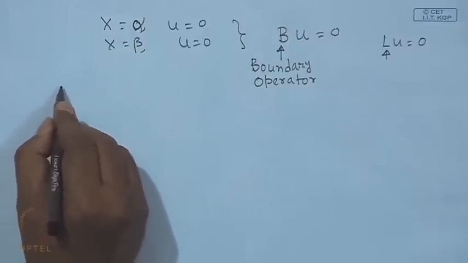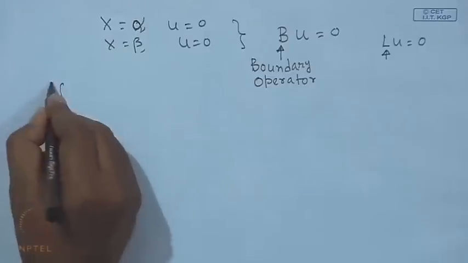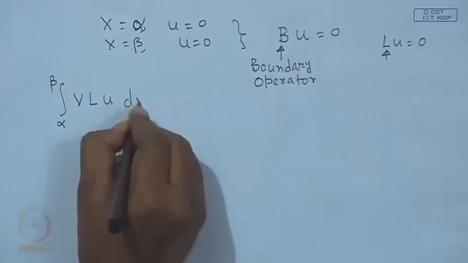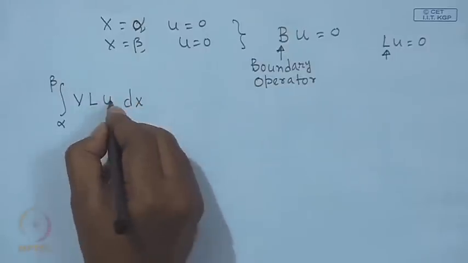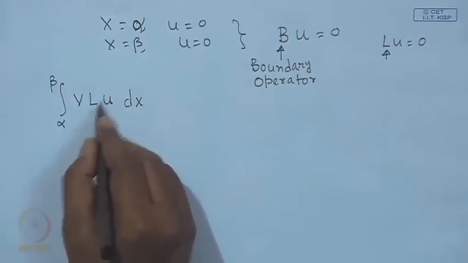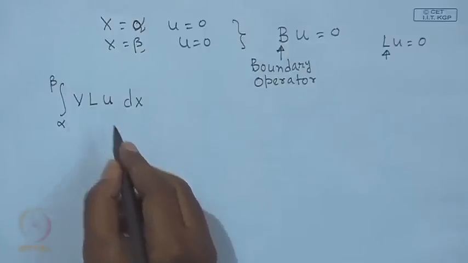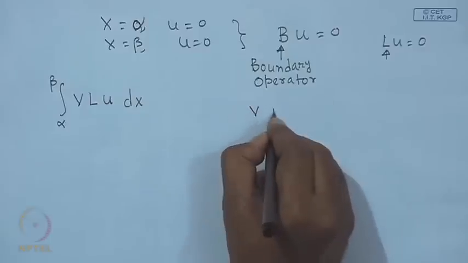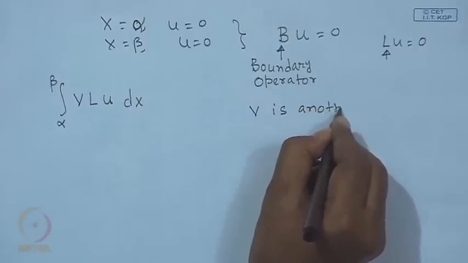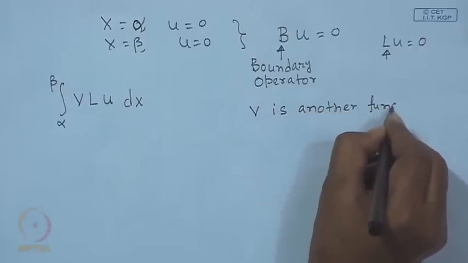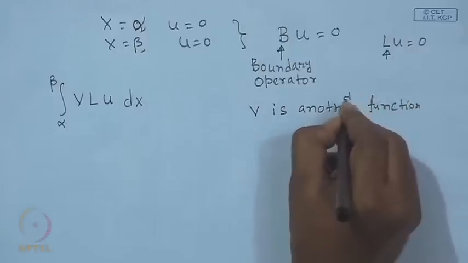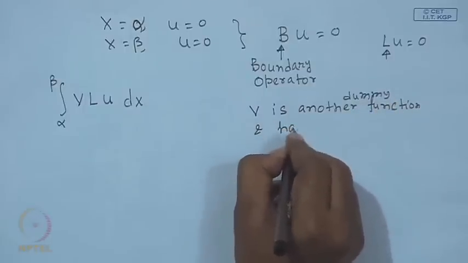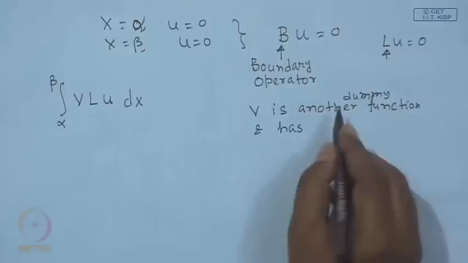Consider the integral from alpha to beta of v Lu dx, where L is the operator, u is the solution function, and v is another dummy function and has every characteristic of u.